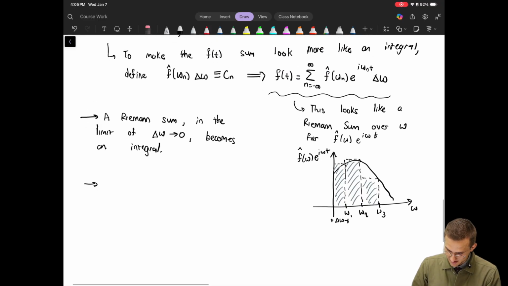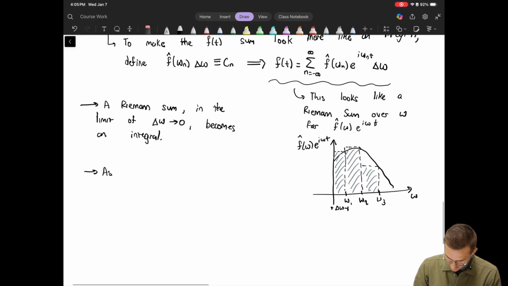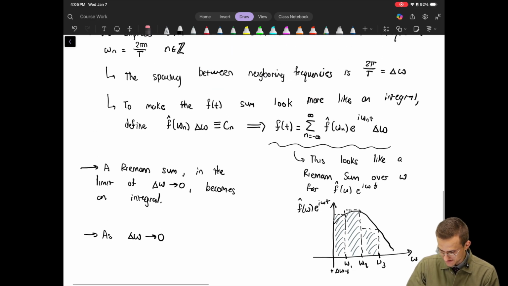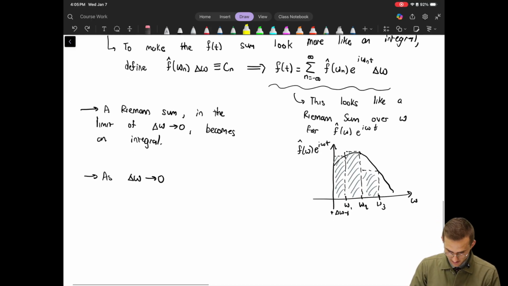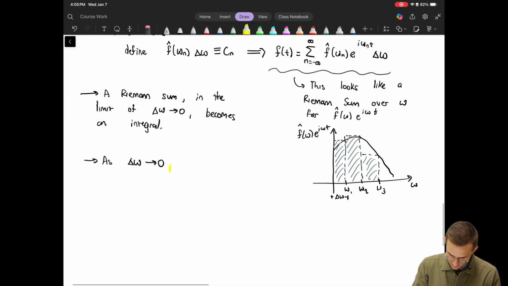But notice that as delta omega goes to 0, looking at this expression for delta omega up here that I'm highlighting, that means that capital T, your period, is going to infinity.